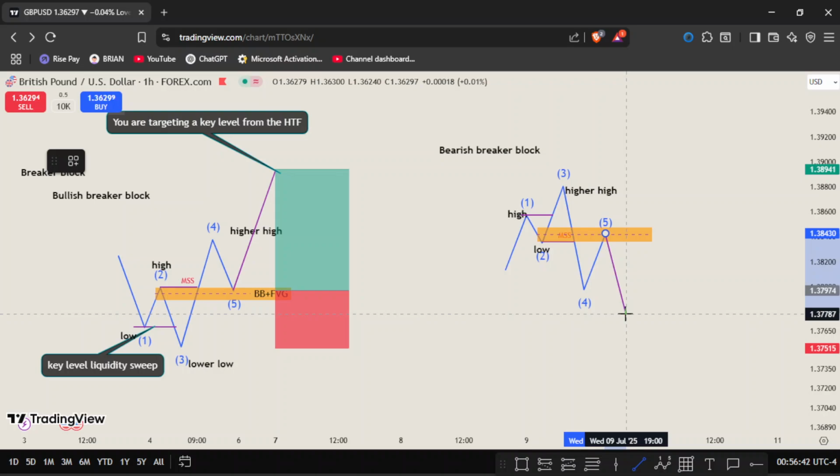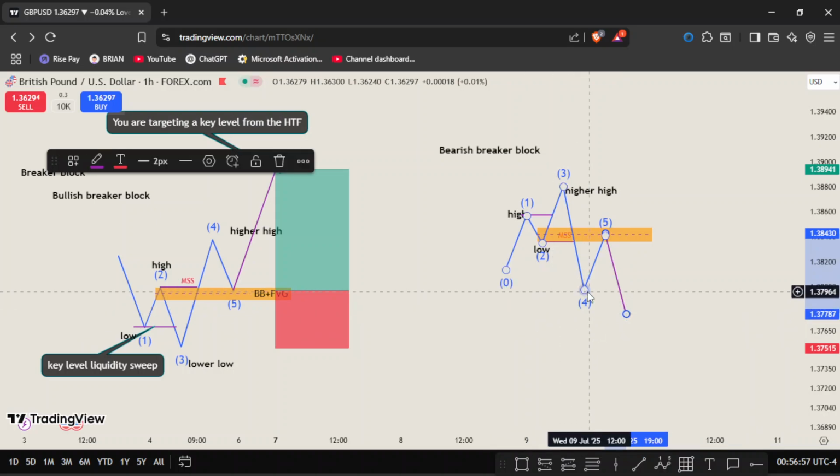If it does not go together with the bias, if the bias is fully on a bullish trend, it will not respect this breaker, and you'll find that this created this number 4. It will just be another manipulation, like if your bias is not bearish. Remember that, always remember that.